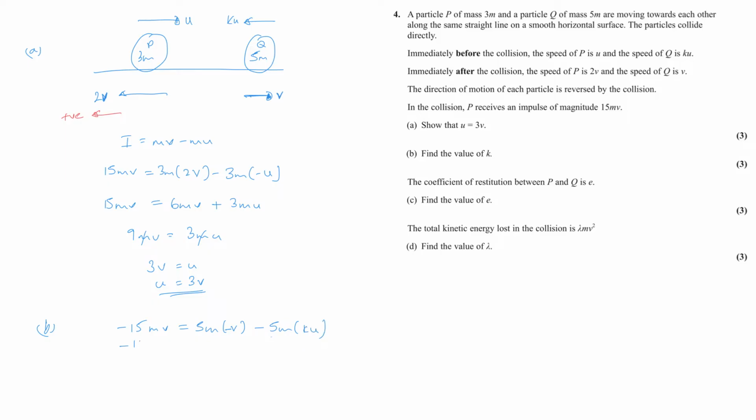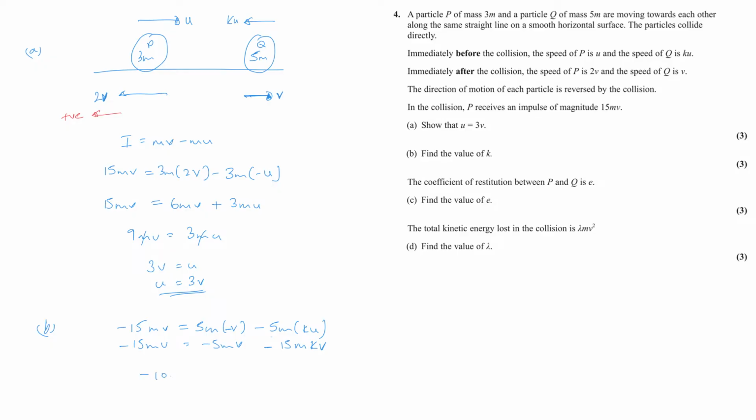So I'd have minus 15mv equals minus 5mv minus, and u is 3v, so it's minus 15mkv. Okay, so that's what I'd be looking at here.